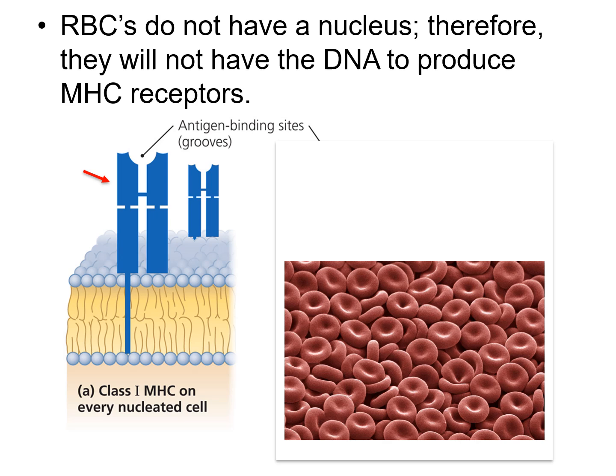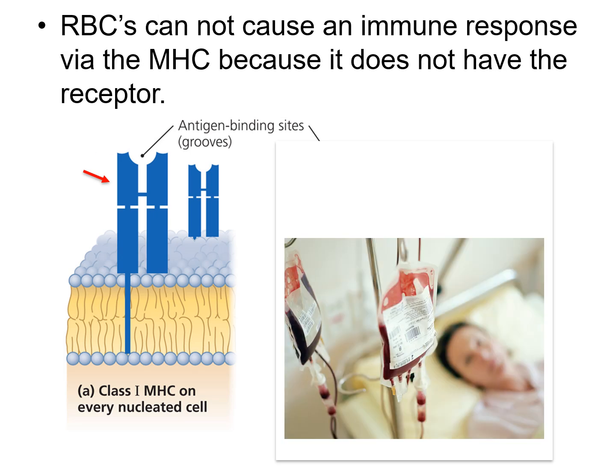Red blood cells do not have a nucleus, like I mentioned, so they cannot produce those MHC 1 receptors. Well, they can't produce MHC receptors, period. I'm not saying that you cannot have rejection of red blood cells.